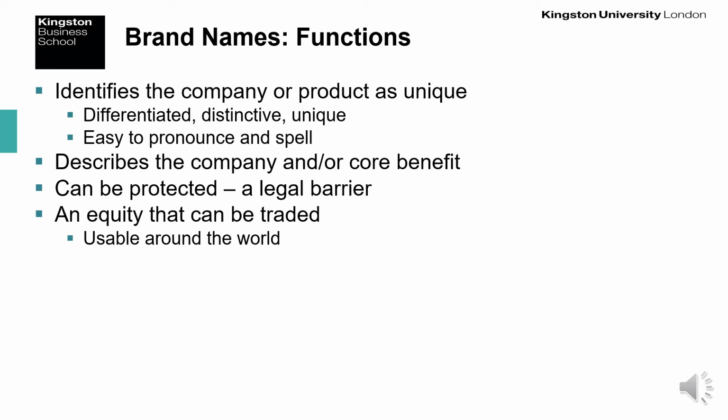Ideally, brand names should be easy to pronounce and easy to spell. And there have been circumstances where brand names have been changed to make them easier to pronounce as the brand is becoming increasingly global, because different cultures and languages, we don't necessarily all pronounce individual letters of the alphabet in the same way.